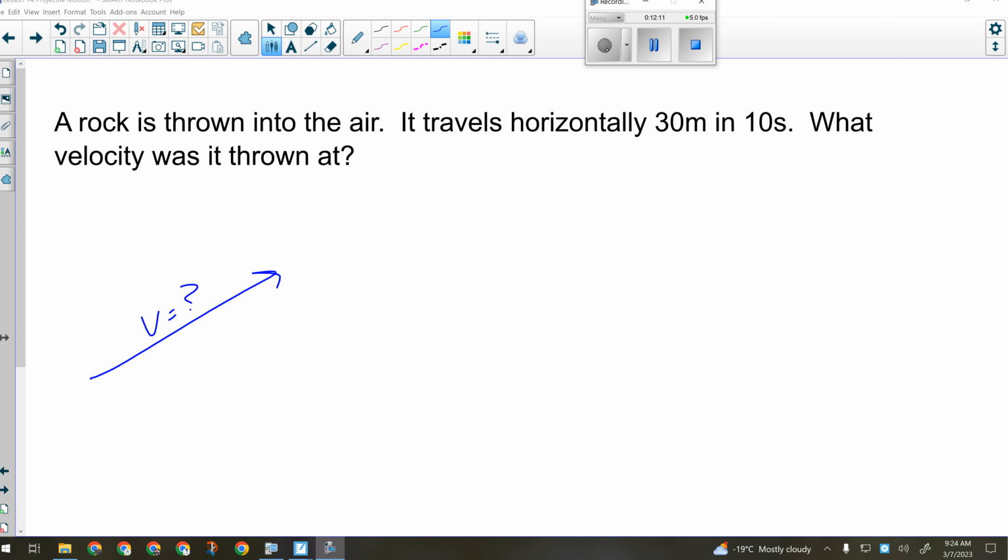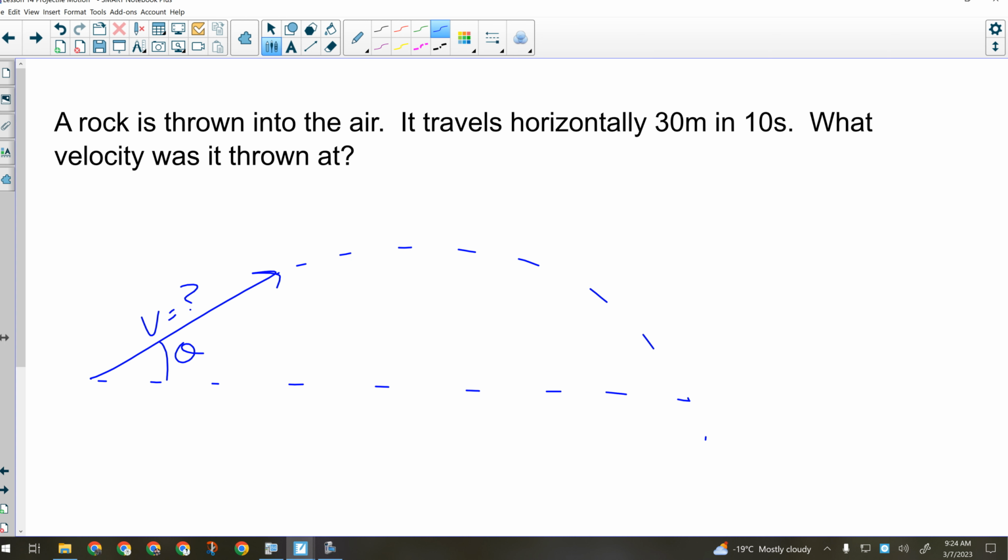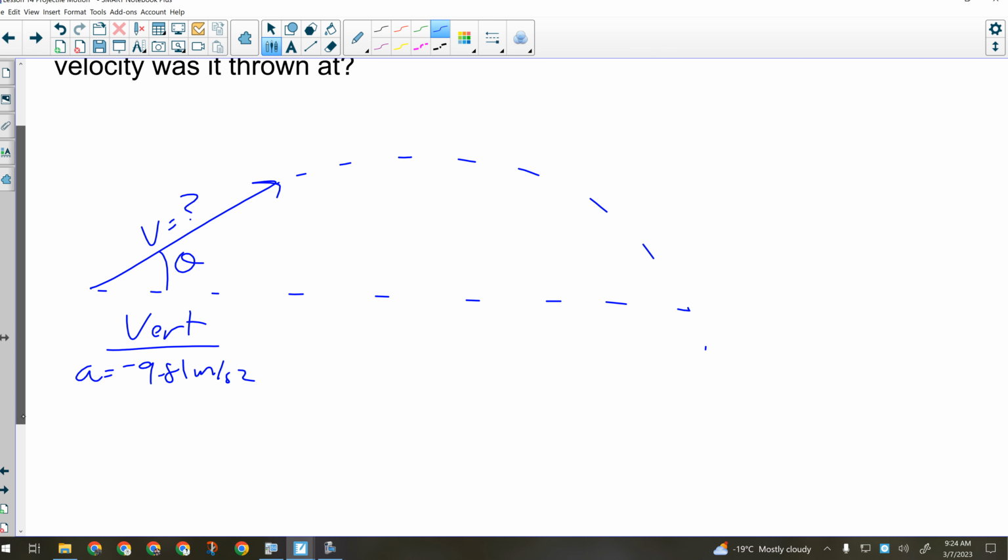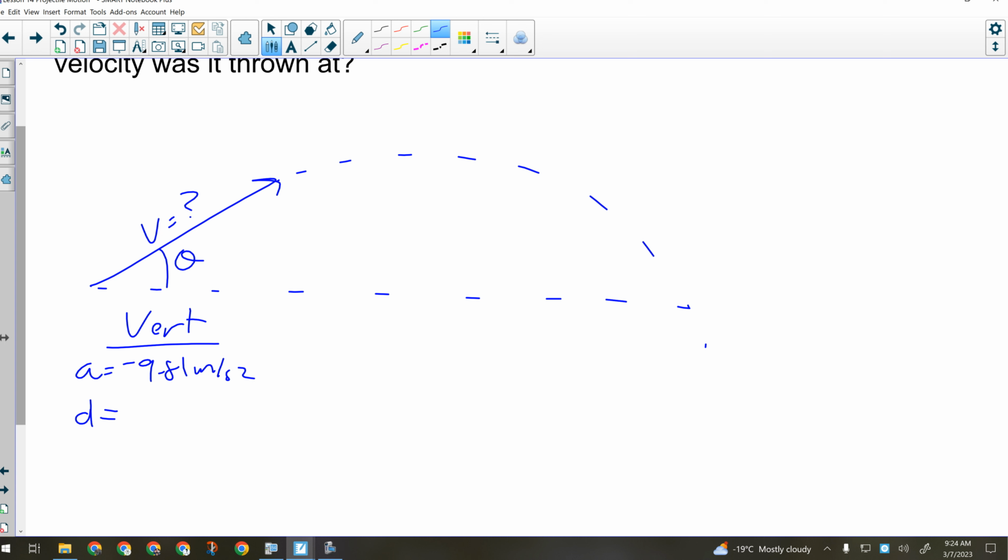So we know that this object is going to go like this through the air. We don't know V, we don't know theta. From a vertical perspective, we don't know much. We know A equals negative 9.81 meters per second squared. And if we're talking about the entire trip, we could say that D equals 0 meters. But horizontally, they do give us a bit of information.